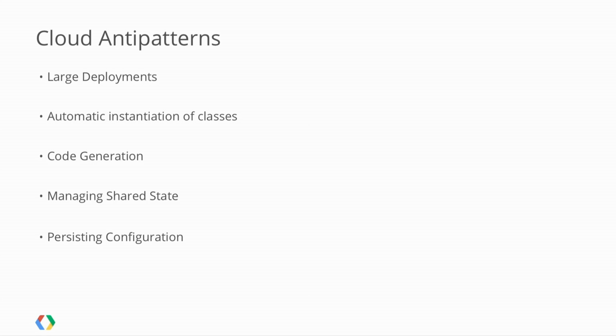Managing shared state can be a big problem, and persisting configuration as well. These are not really specific to the Java world, but more general, when it comes to having that much crosstalk with the individual instances coming up.